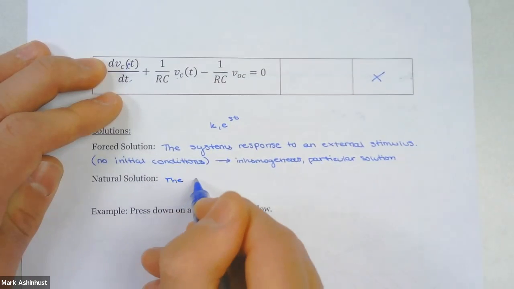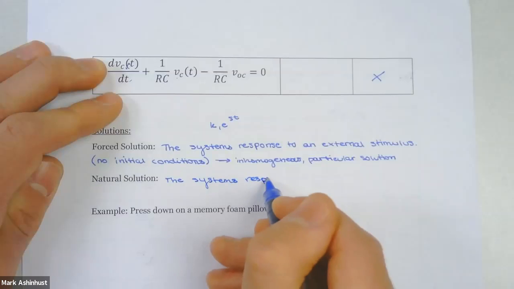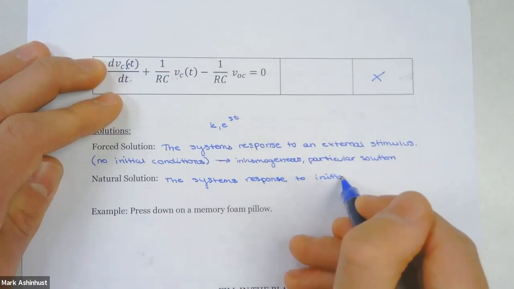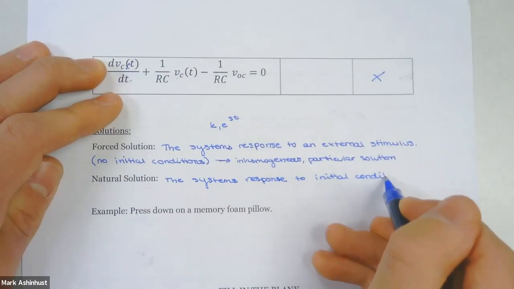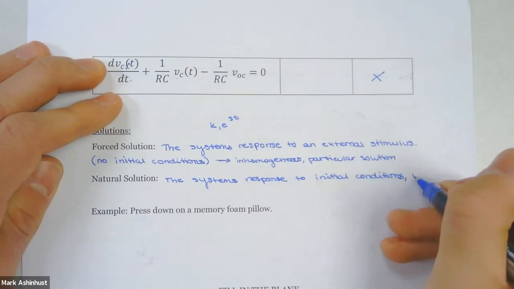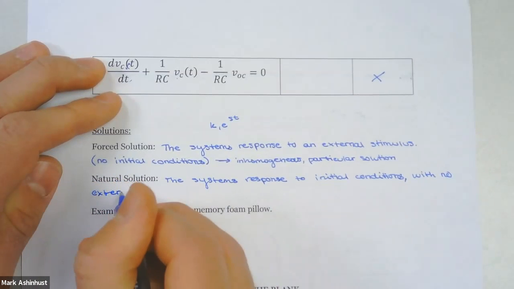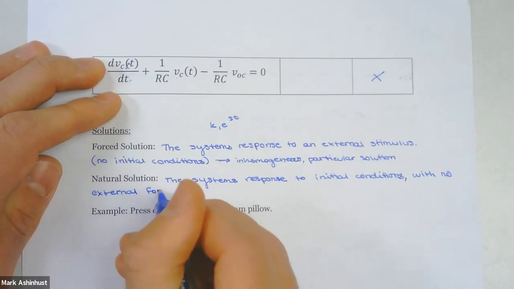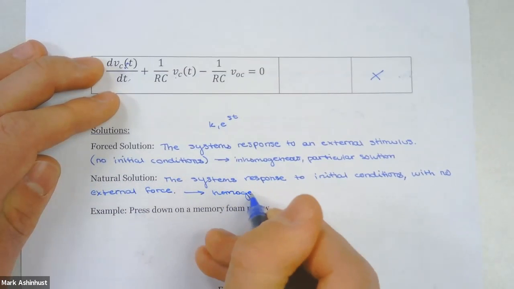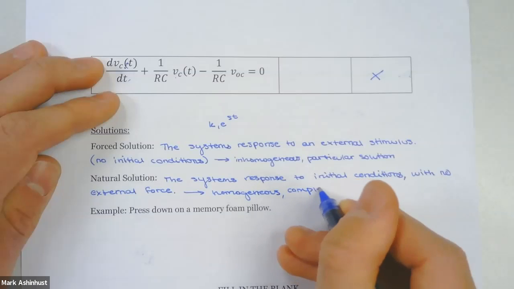So it's the system's response to what we now have, our initial conditions, with no external force. And this is going to be your homogeneous, or another word is complementary.